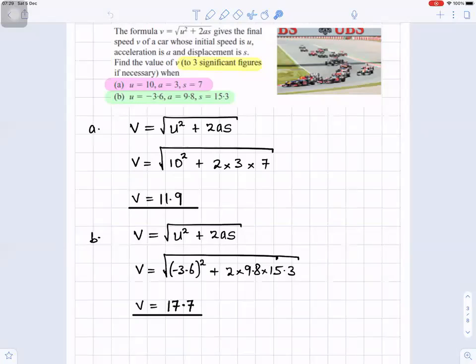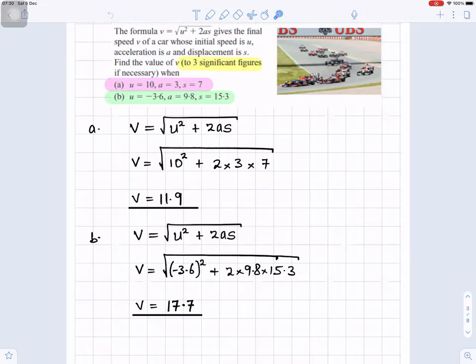So what we do is, I highlight the important things in the question: 3 significant figures, value for u, value for a, and the value for s. First thing you do is write down the formula. v equals the square root of u squared plus 2as.